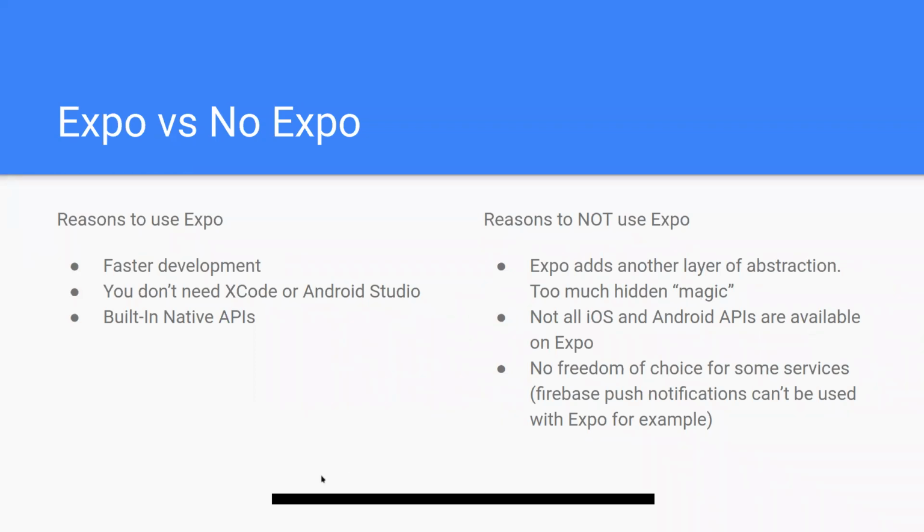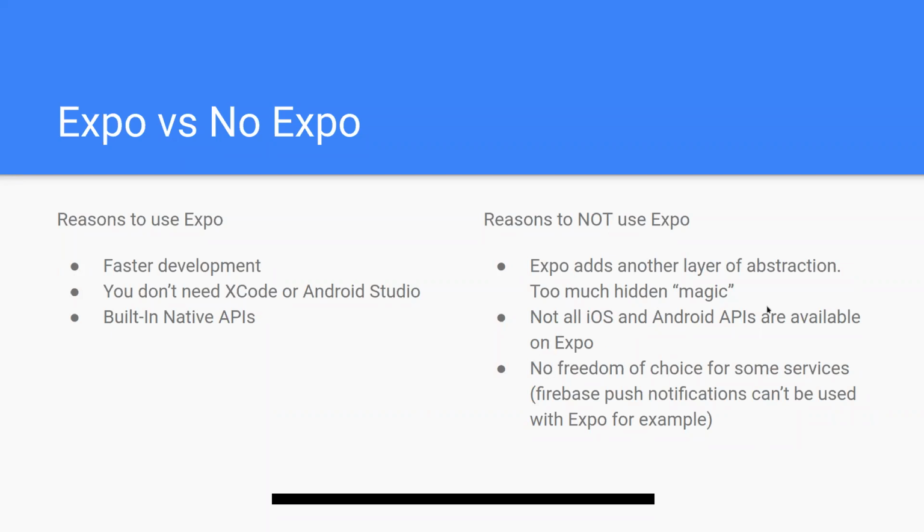For example, that means that all native APIs will need to be included in Expo since you have no access to that configuration. And not all APIs are available on Expo today. So there are a few APIs you might need that are not already in Expo. And if you are using Expo, you will be stuck as you won't know how to add them later on.